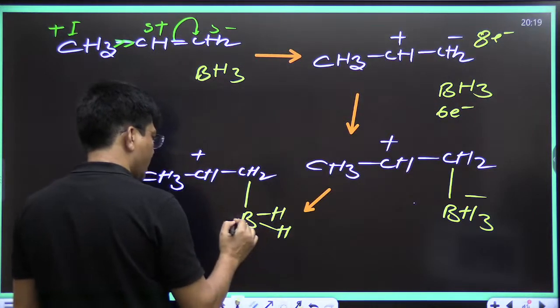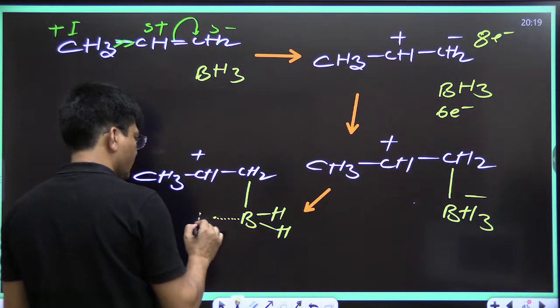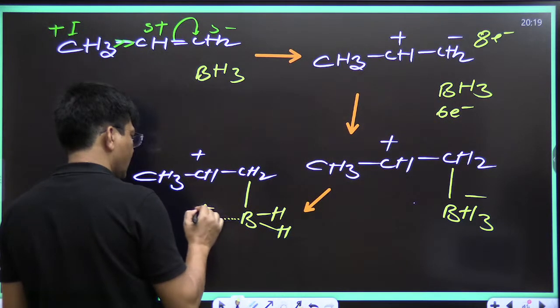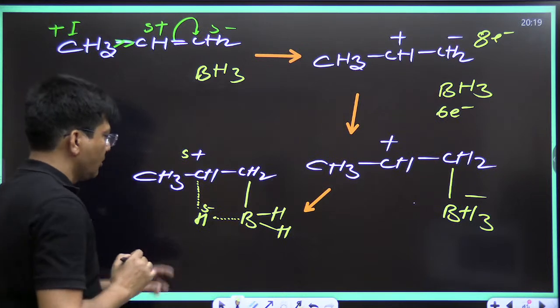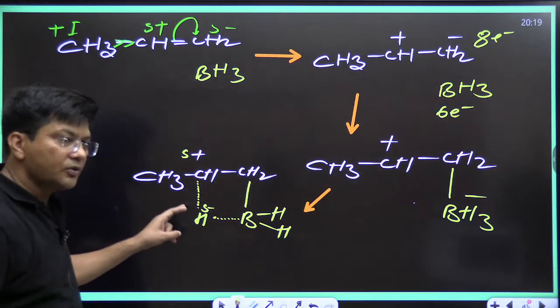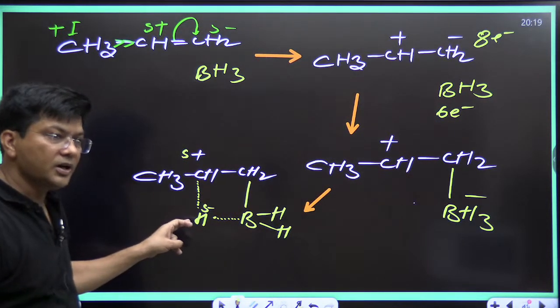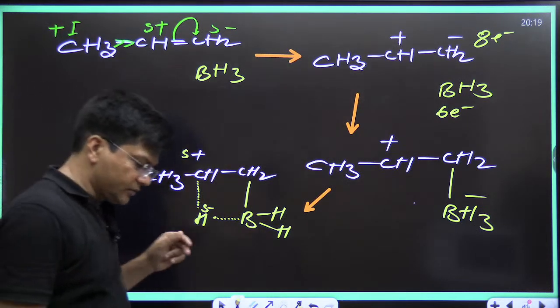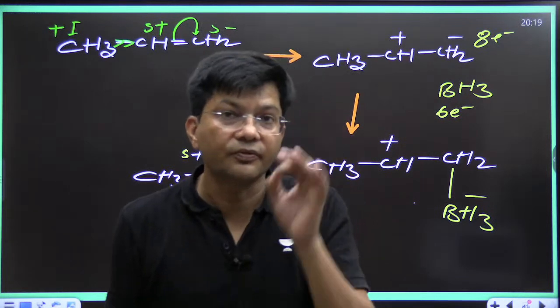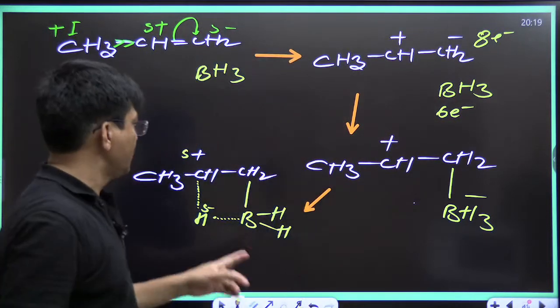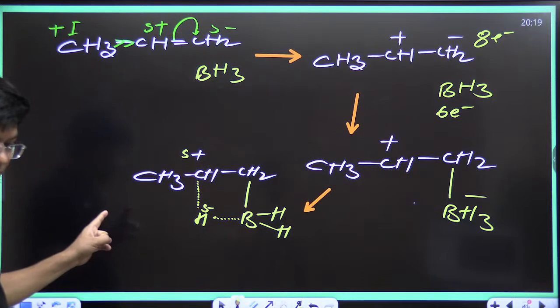BH2 and one hydrogen will go over here and start forming a bond on this carbon, kids. Now for the first time you have seen that a 4-membered intermediate is getting formed. Till now we have seen 3-membered intermediates, but this is the first time a 4-membered intermediate is getting formed.